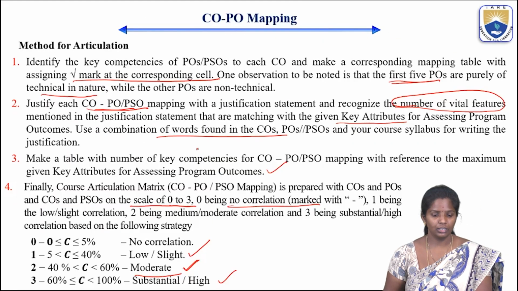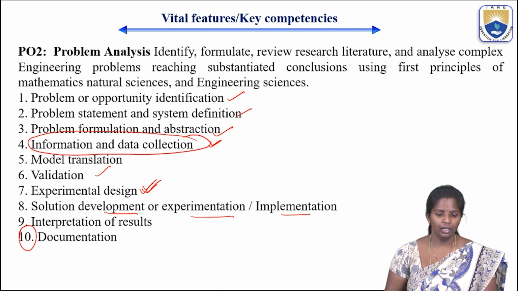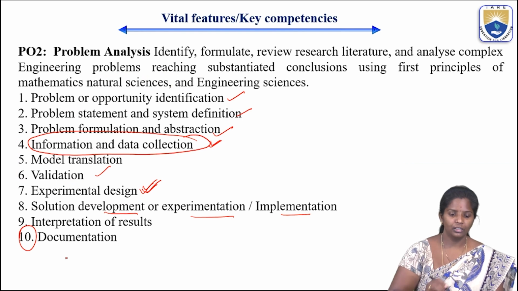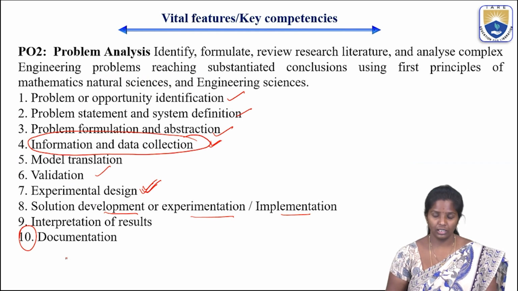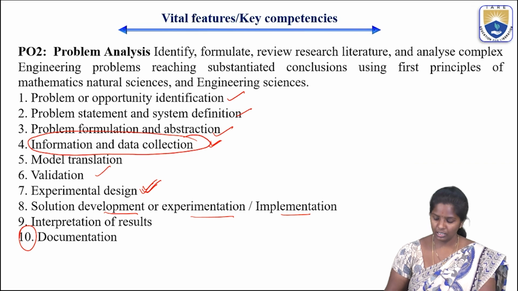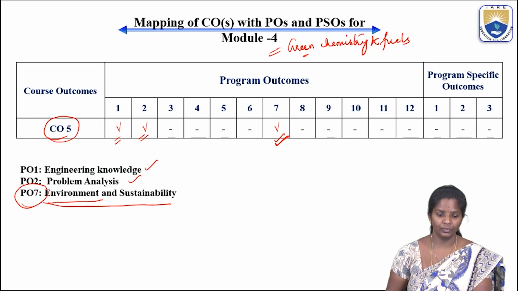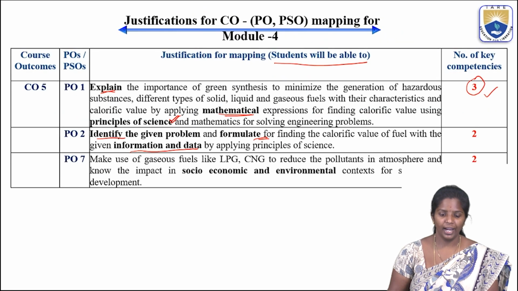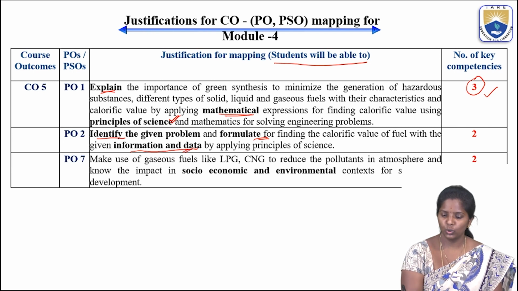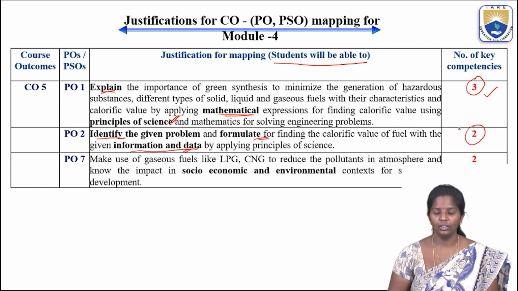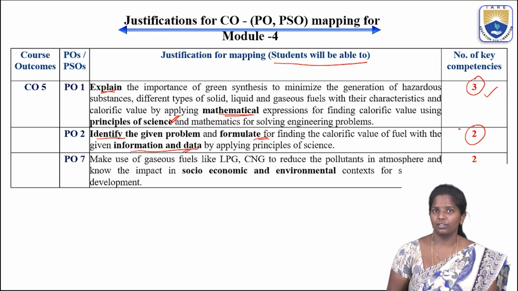If we see, out of 10, only 2 are matching for us in that particular module, because of identifying the problem and then data collection. That is why we have given 2 key competences as matching for the particular module or topic.